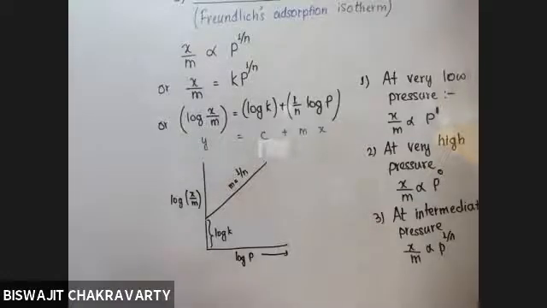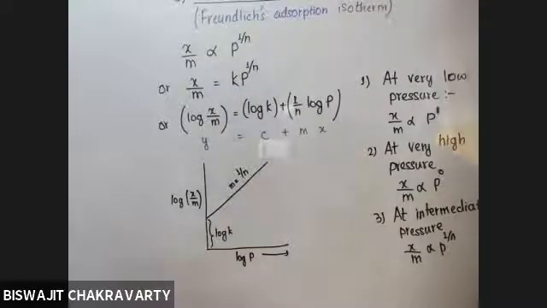Why are these graphs called isotherms? Can anyone tell me? What is the meaning of isotherm? Constant temperature. At constant temperature. Because if you are interested in calculating the effect of pressure, then temperature must be kept constant.